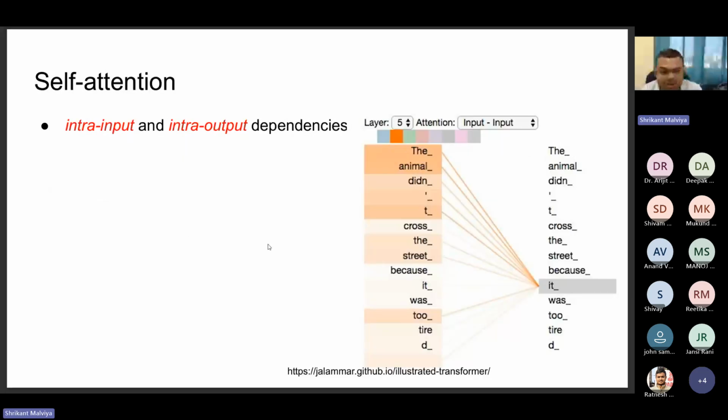In a diagrammatic way, we can understand it like this. Suppose we are processing a word and want to see how this token is attending to all other words in the sequence.